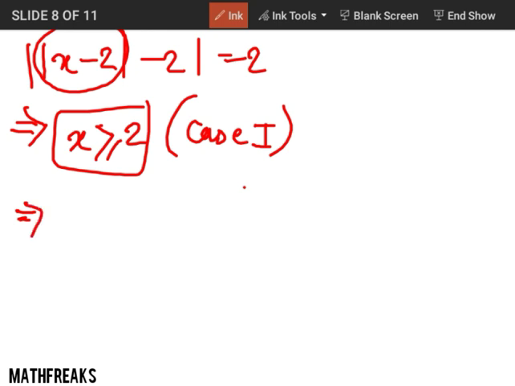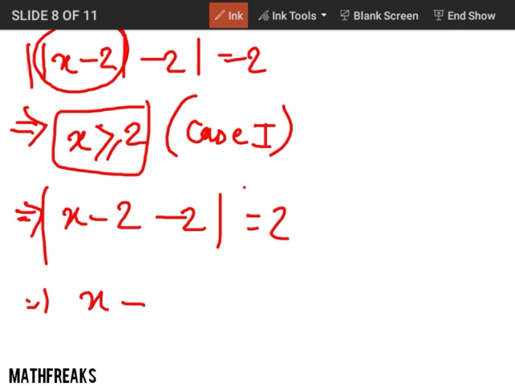So we get that mod of x minus 2 is equal to 2. From here we get x minus 4 is equal to 2, right? So the only possible value from here is x equals 6, correct? Because we have to take x greater than or equal to 2, so 6 is the only possible value.